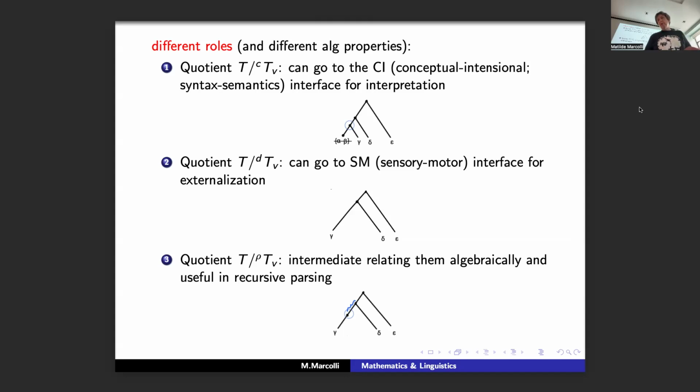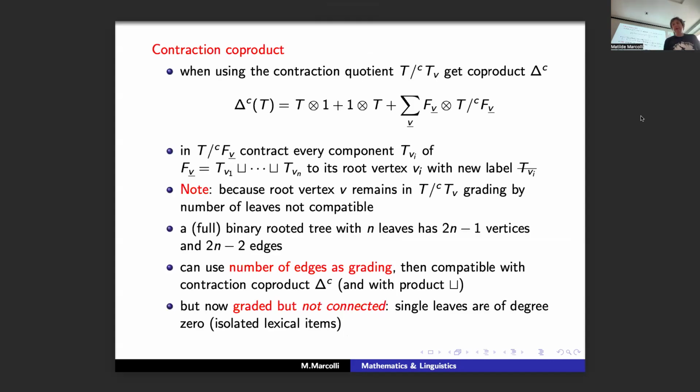And the comodule is the one of the actual, fully binary trees. And I also mentioned last time that if you take this contraction coproduct, the one where you keep the root vertex with the labeling, then you get a coalgebra.